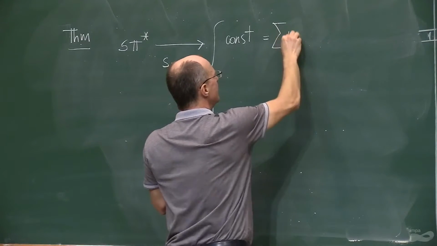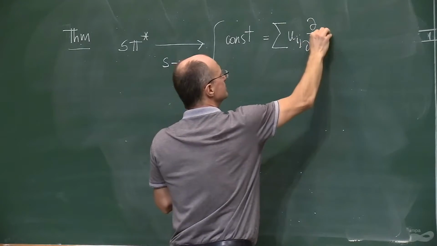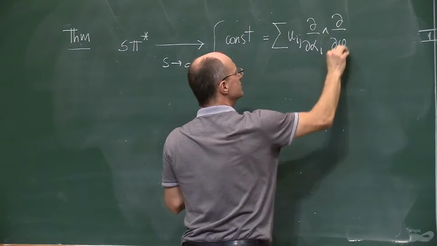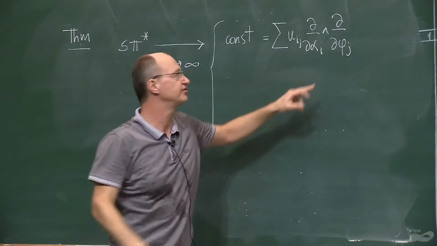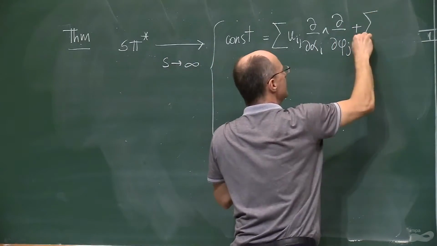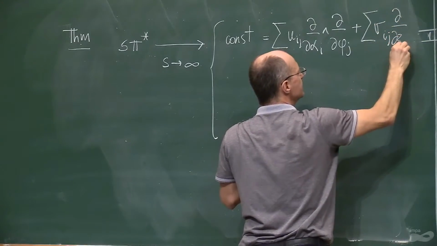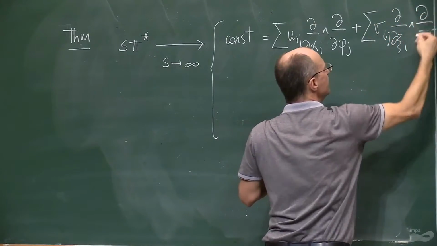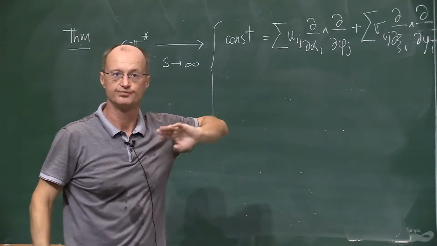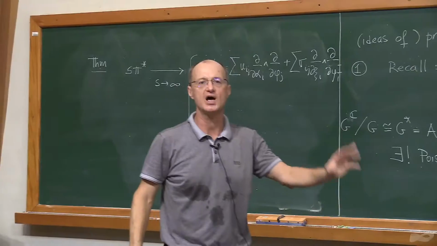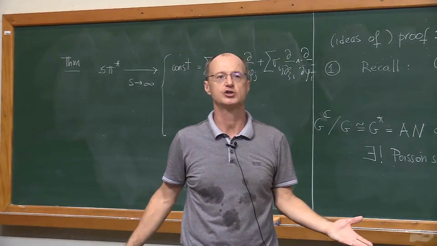So there are some constants for the brackets between alphas and phis, and maybe some other constants for the brackets between x_i's and phis. And there are no other terms. So actually, up to some linear change of variables, it is a toric chart.